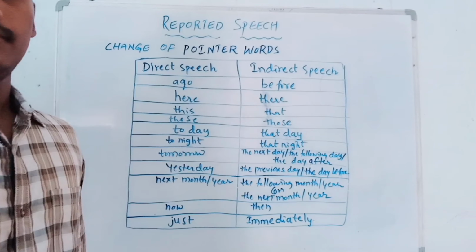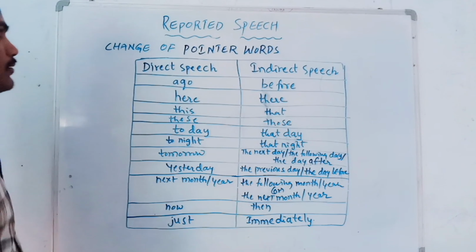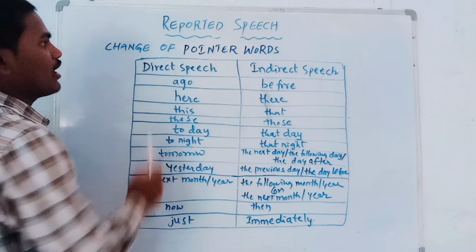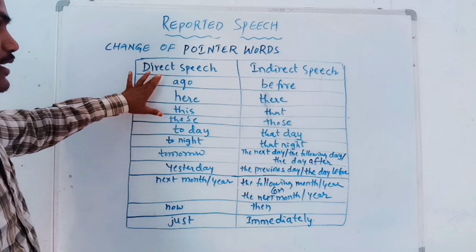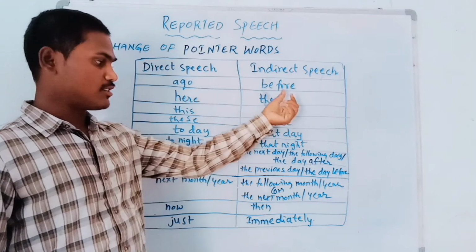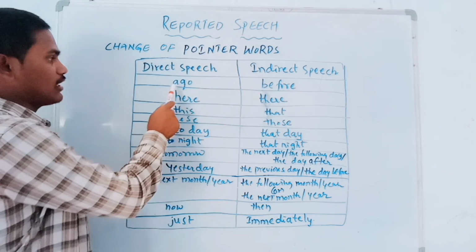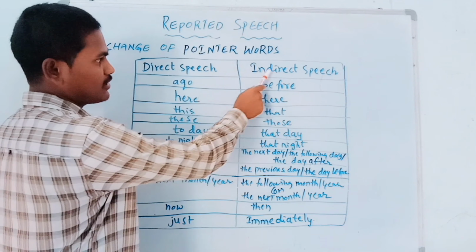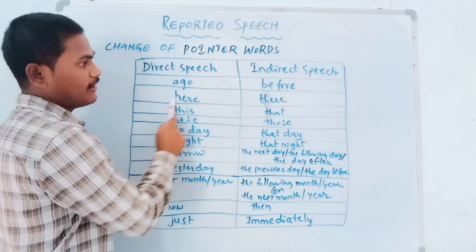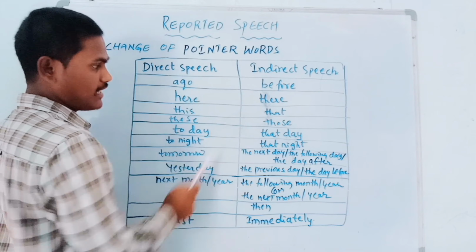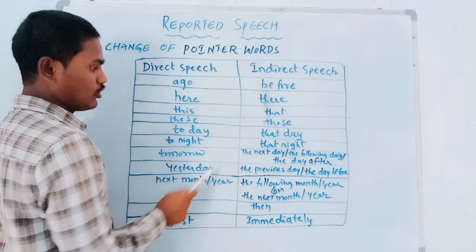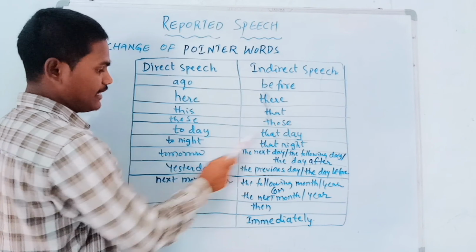Now see the change of pointer words, students. These are the words we get in direct speech, and they become these words in indirect speech. Ago becomes before. Here becomes there. This becomes that. These becomes those. Today becomes that day.